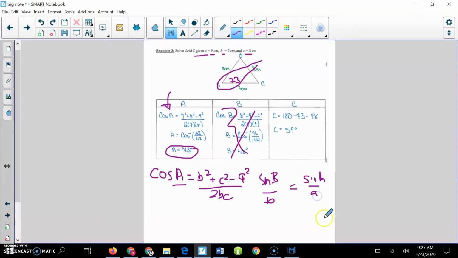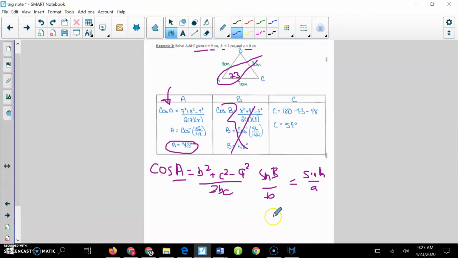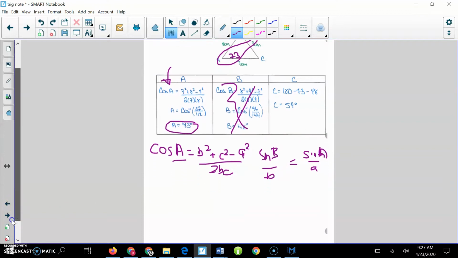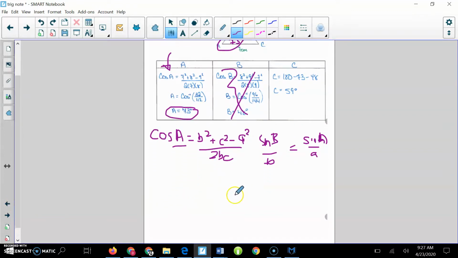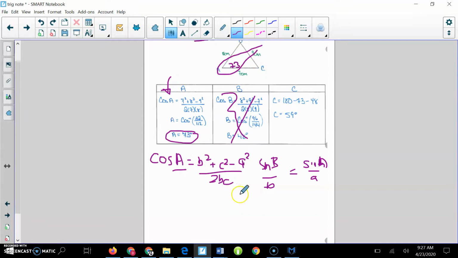So that's sine big B over little b equals sine big A over little a. And then I'll sub in: sine big B over little b, which is 7, equals sine big A, which is 73, over little a, which is 9.